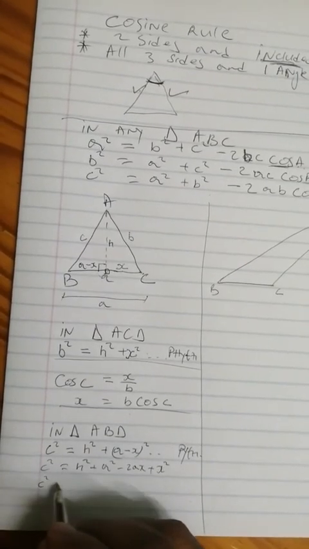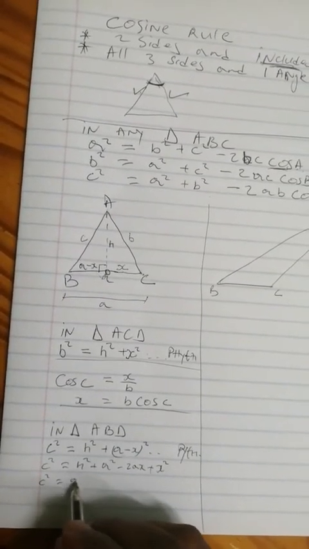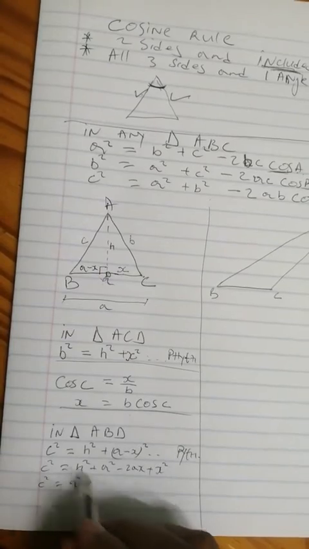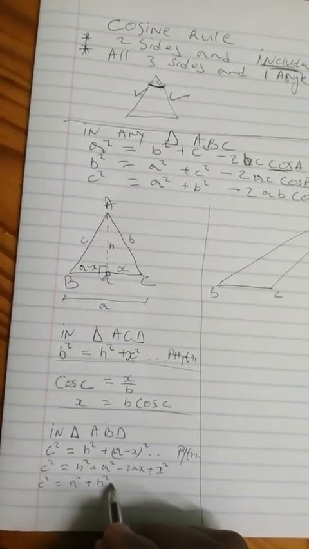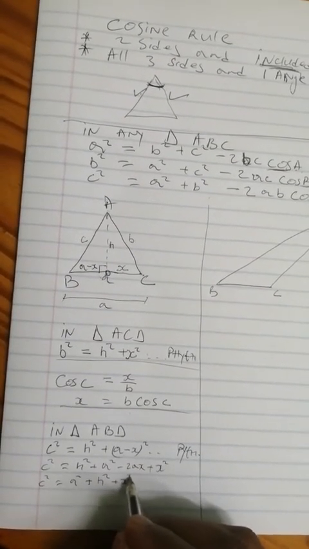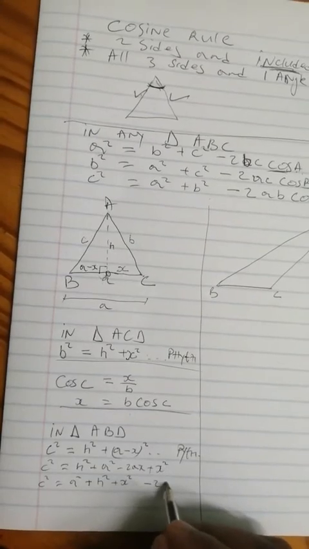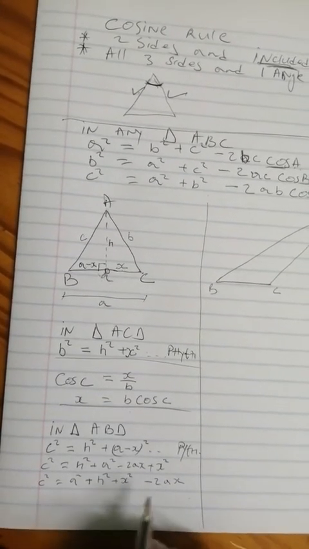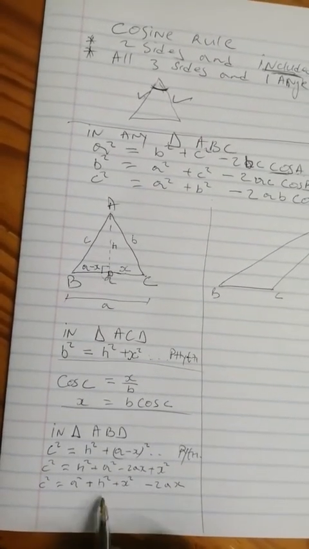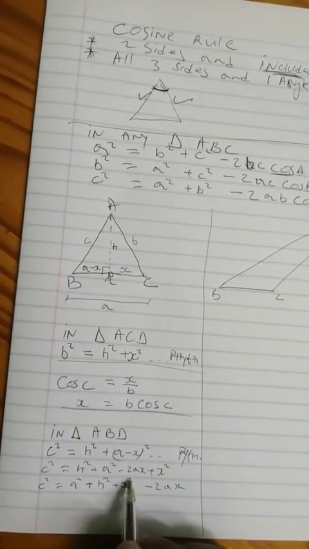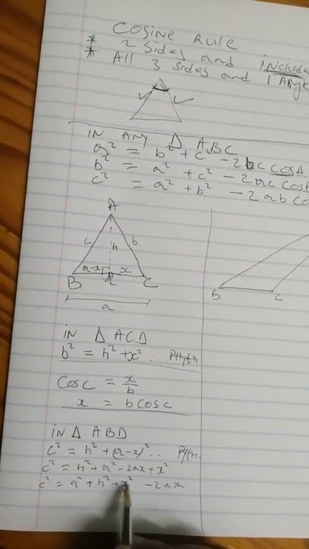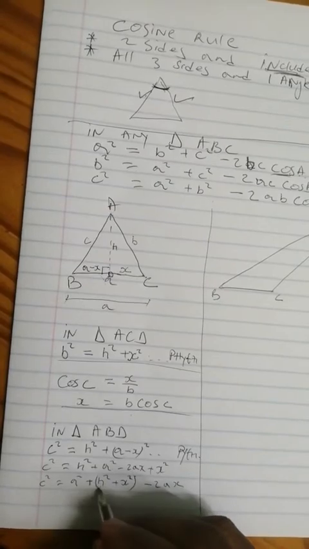So C squared is equal to A squared plus H squared plus X squared minus 2AX. The purpose here is to have H squared and X squared together so that we can replace them.